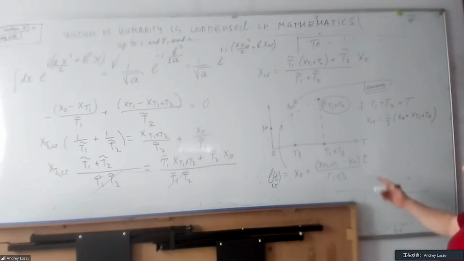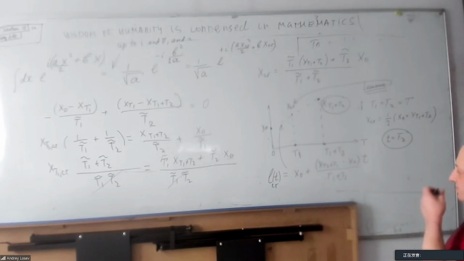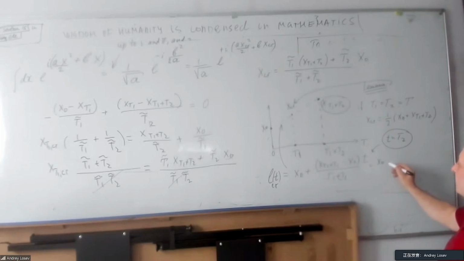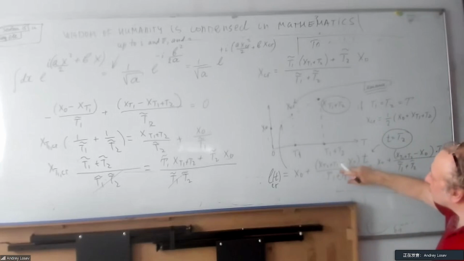Now let me check its value for t equals t2. It would be x0, plus x_{t1+t2} minus x0, and here I have t2, and here I have this t1 plus t2.